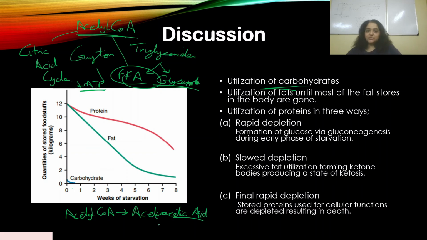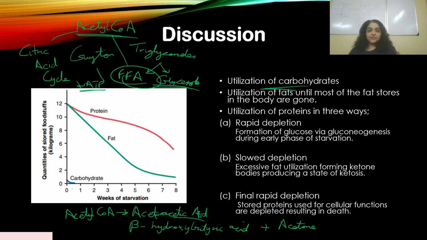That further breaks into beta hydroxybutyric acid, and some of it is converted to acetone. So these are ketone bodies. When these ketone bodies are formed, that means the body is going into ketosis.